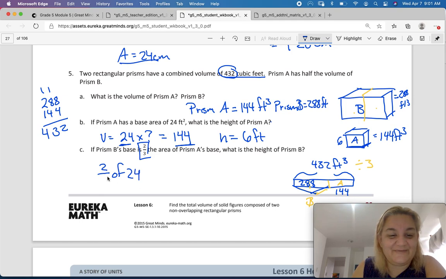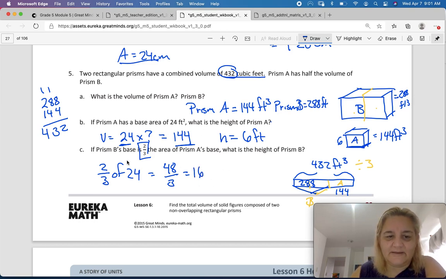You thought we were done with fractions. Okay, and you remember how to multiply that, so that would be 48 over 3. And 3 goes into 48 16 times.